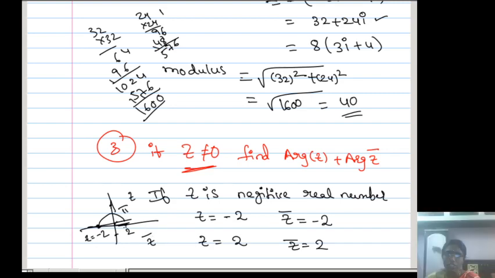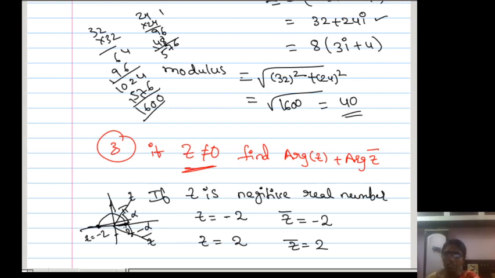So if z lies in the first quadrant, z bar lies in the fourth quadrant. So if the argument of z is alpha, then the argument of z bar is minus alpha. So alpha minus alpha, 0.